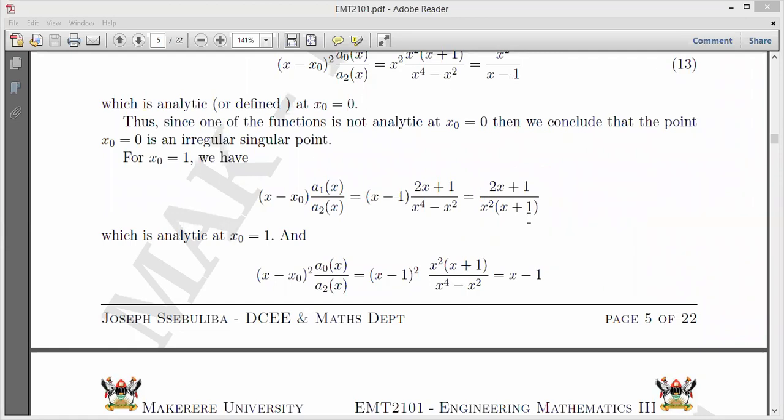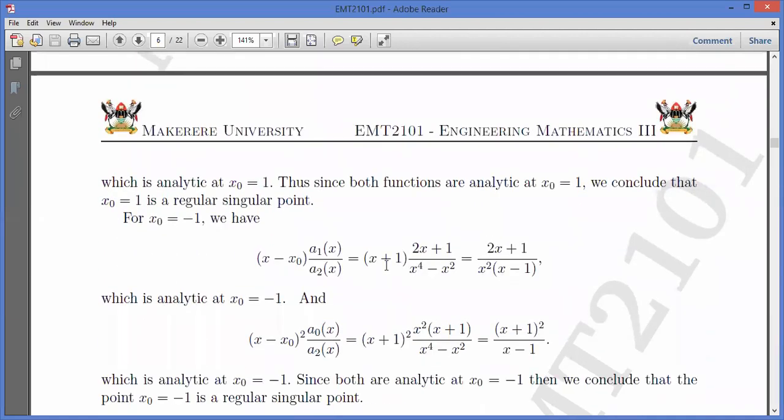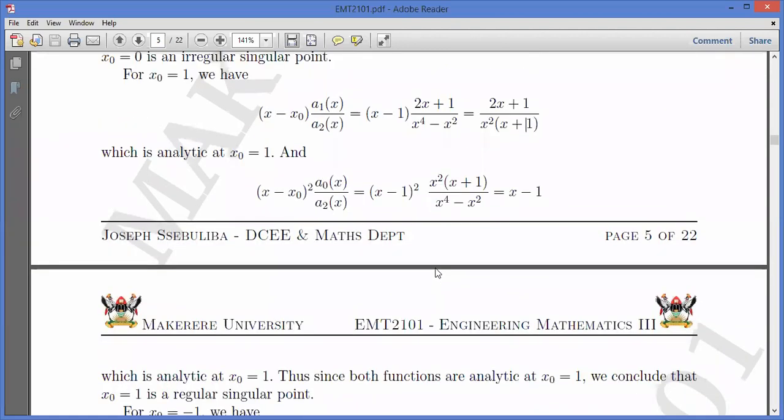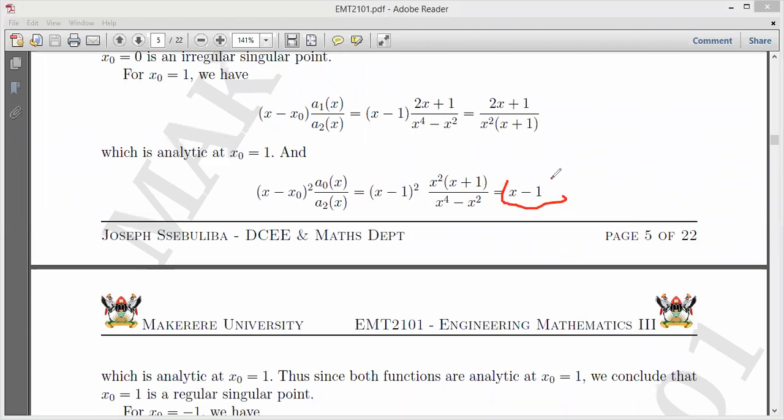For this one, I think we've done the other one here. Okay, it is here. This is x minus 1 squared. So you square this for this, and then you simplify. When you simplify, remember there was an x minus 1, which cancels with that x, the power. You go and simplify, you will come up with this one here. Okay, you'll end up with this one here.